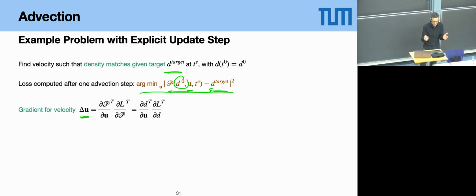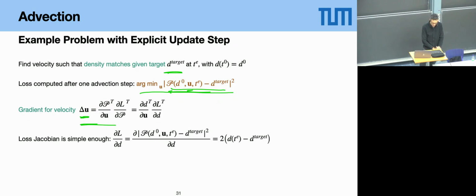So to find u such that these 2 fields align, the loss just compares these 2 d fields, and this loss is then basically here computing this gradient. Mentioned before, this is Jacobian, but it goes into a single vector, and here this term now multiplies that with the Jacobian of the advection part, and this is what gives the final step in u.